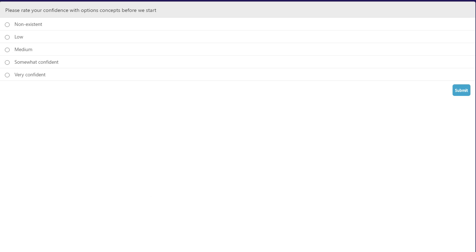I'd be surprised if anybody said they were very confident. If you are very confident, then this will be a refresher because we are speaking at the let's get started point of view. We'll take a look at how these compare before and after, but I'll leave it up there for a little longer.